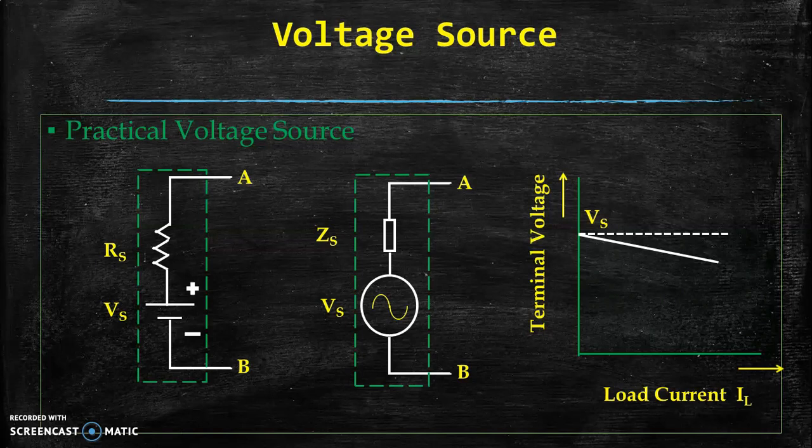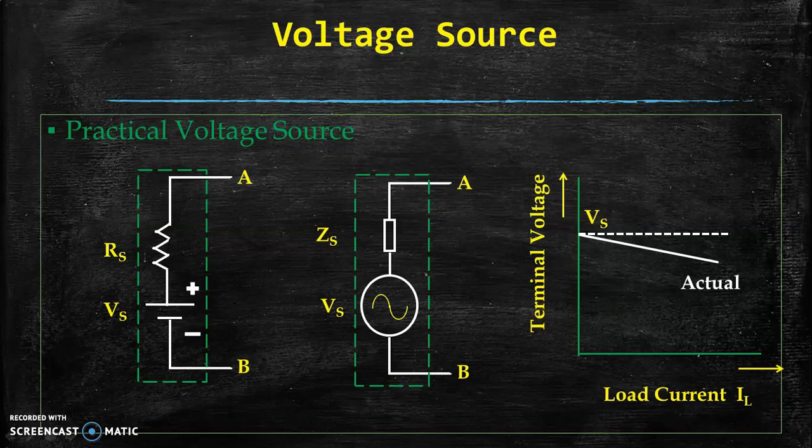Some voltage will drop across the series connected internal resistance or impedance. So this is our actual terminal voltage characteristic with respect to load current.